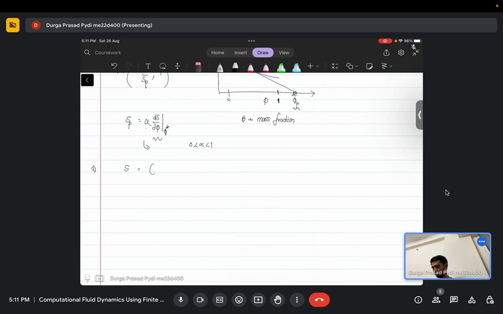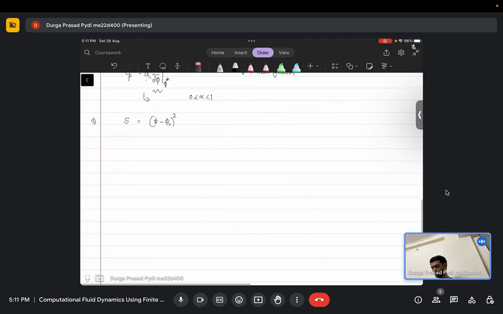So if you have phi as something like this, naturally, as we have done previously, S we will take as phi star minus phi naught square plus the derivative evaluated at phi star into phi minus phi star.